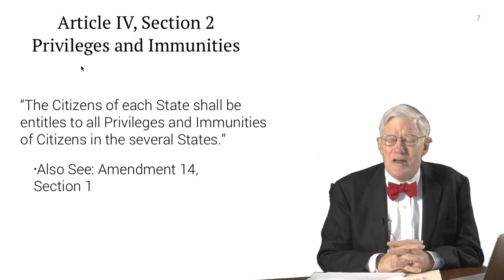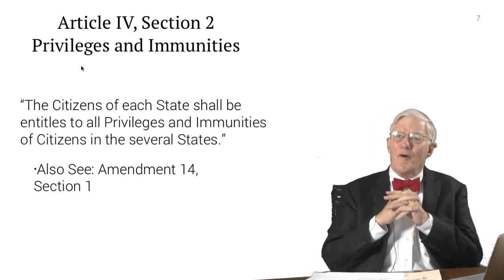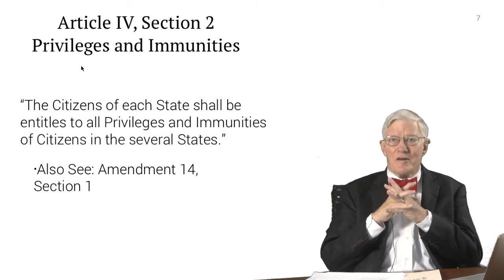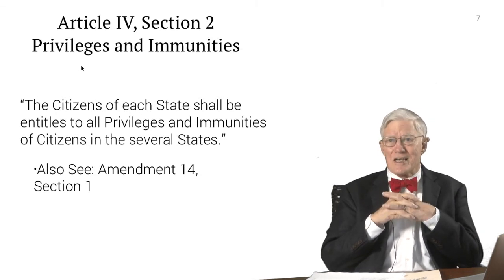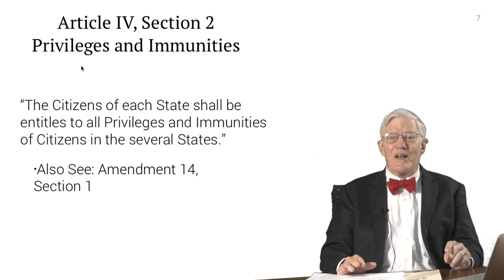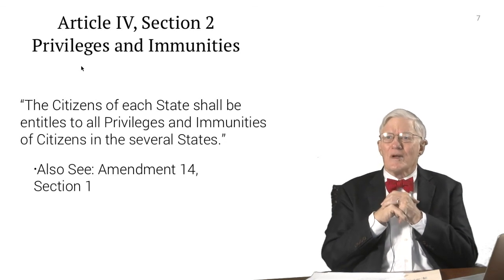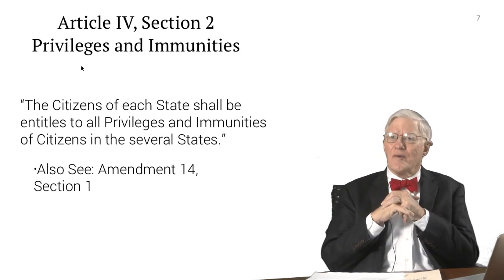Let's go to privileges and immunities. We're going to find this language in two portions of the federal Constitution. First of all, in Article 4, Section 2. And later, when we look at the 14th Amendment, we'll find it again. So privileges and immunities. Now, what does this mean, and from whence is it derived?